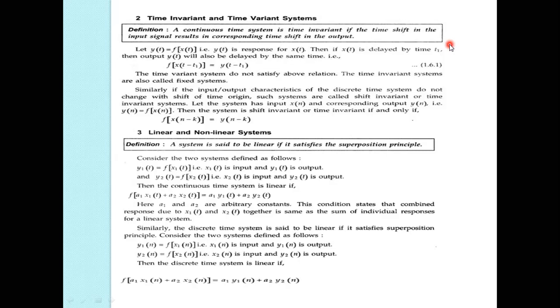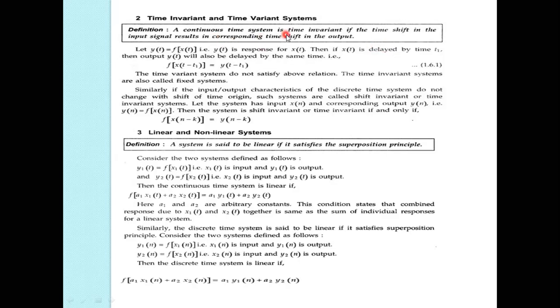Okay, my dear students. The students did not enter, but already some students were there, so the class started on time. We are not waiting up to 9:30 for the remaining students. If the time is shifted, that is time invariant.